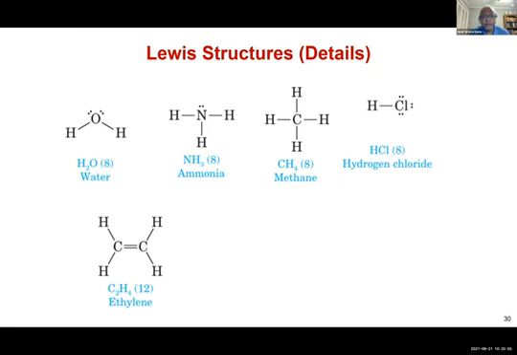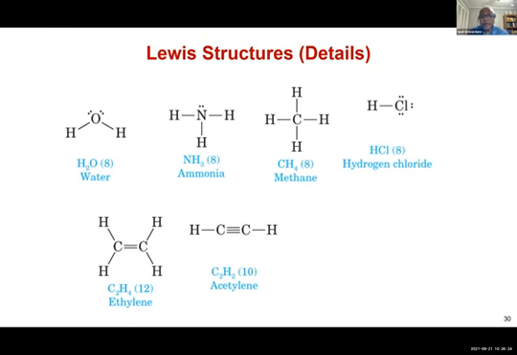You put that between the carbon-carbon single bond, you add another bond, and it becomes a double bond. So the double bond is 2 electron pairs. Carbon has an octet around it, 4 bonding electron pairs on each carbon atom, and hydrogen has a duet. That's how you describe the Lewis structure of ethylene.